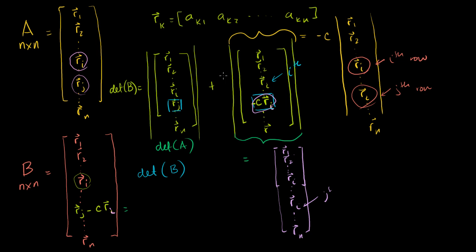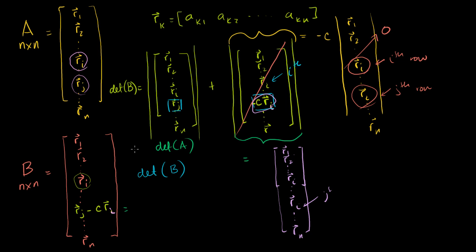B isn't the sum of these two things, because every other element of B is identical to the elements in each of these. But this one has duplicate Ri's, and what do we know about the determinant of a matrix with duplicate rows? The determinant is 0. So minus C times 0 is 0. So the determinant of this whole thing is 0.